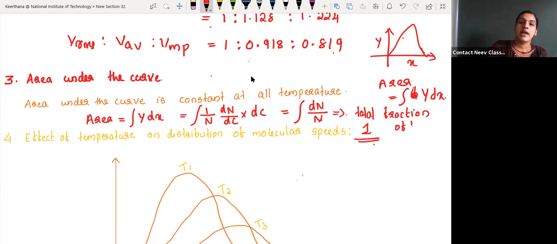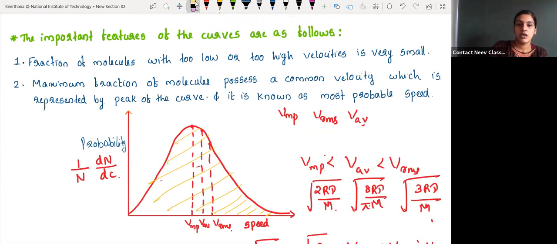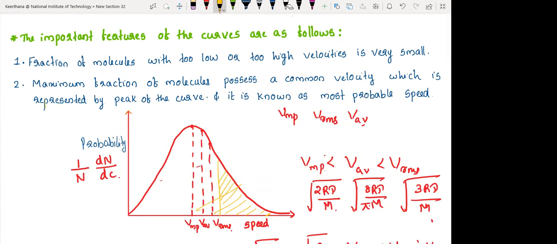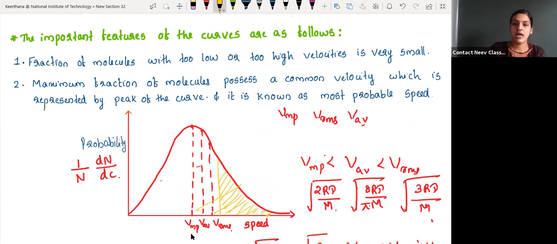And if I'm taking a particular ratio, say the area of this much of the curve after this point, I will get the fraction of molecules having speed greater than a particular value.